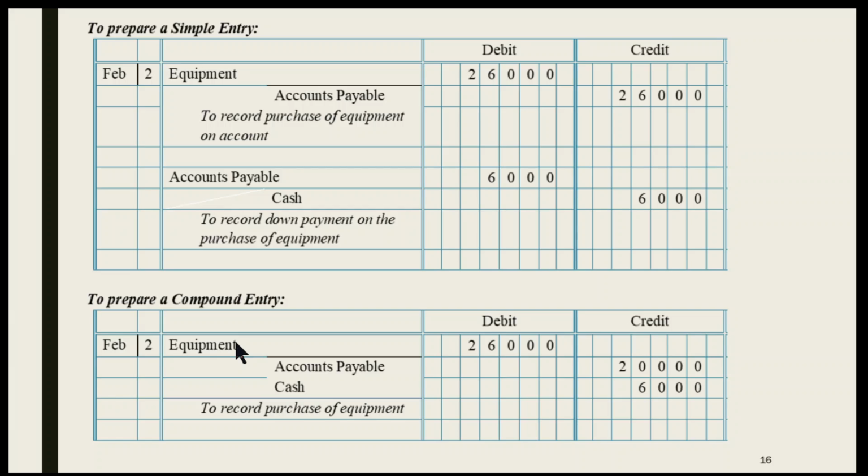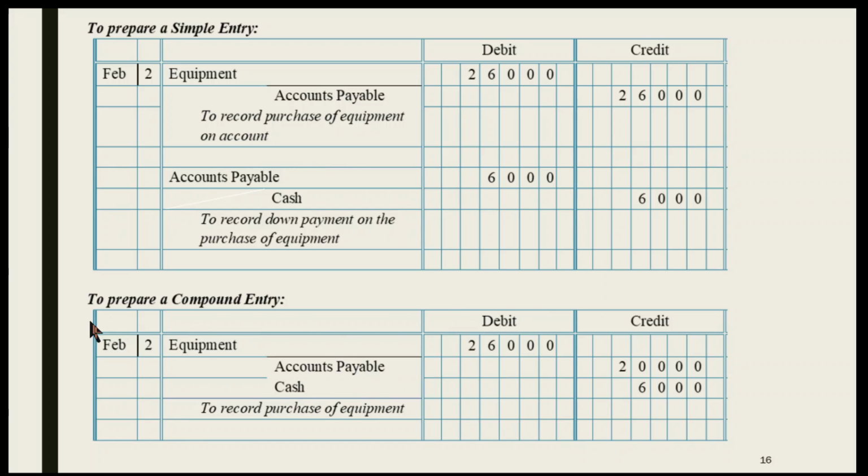It's not necessary that there should be two debits and two credits as well. What you only need is one side has more, two credits or two debits than the other side. Okay, so either of these two preparations are acceptable.